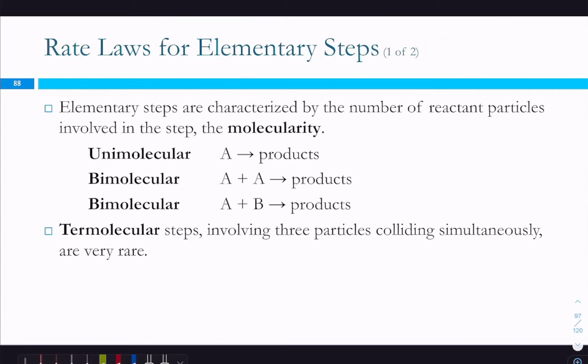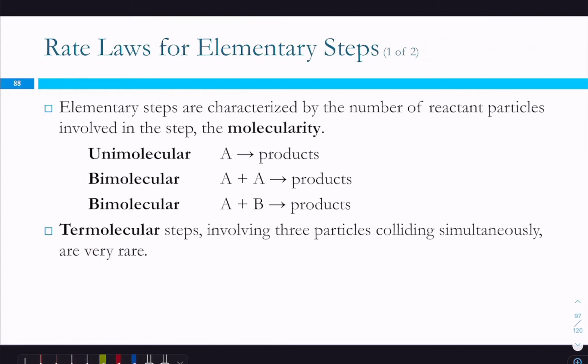One of the first things we can do is use this idea of molecularity. For overall rate laws, you have to use experiments to determine what the rate law is going to be.